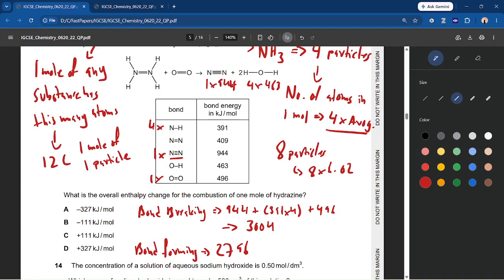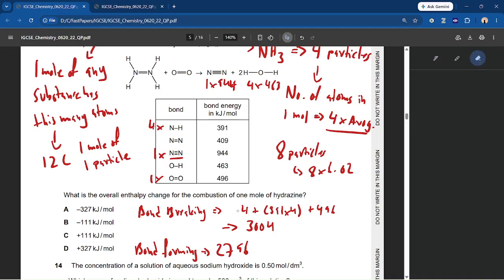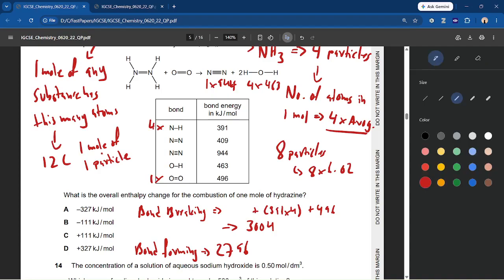Am I missing something over here? Nitrogen 1, 2, 3, 4. Oh, I'm so sorry. I got the wrong value. So this shouldn't be 944. This is going to be the nitrogen. Should have spotted that earlier. So this will be 1 into nitrogen. So this is why it's important to read the question before you answer anything.